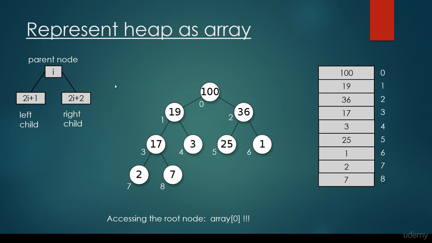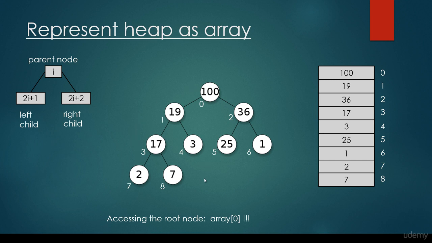So this is the basic relationship. The parent node with index i has a left child, 2 times i plus 1, it's going to be the index of the left child. The index of the right child will be 2 times i plus 2. And we keep inserting items to the next array slot possible. What does it mean? That we keep inserting items to the end of the heap data structure.